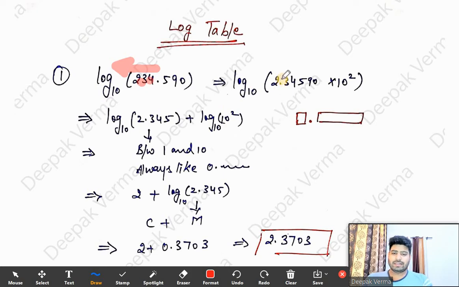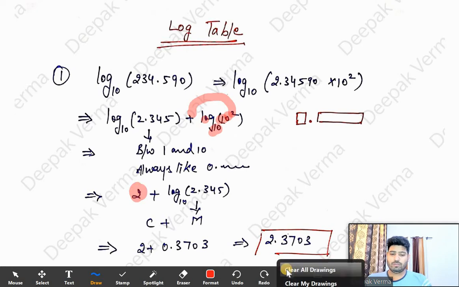So we can write it down like 2.34590 into 10 to the power 2. Can we write it down like this? Of course we can. So here now, using the property of log, this is something like log a into b. So we can write log a plus log b here like this, and 10 square means 2 will come here, and log 10 base 10 will become 1. So we are left with 2 only.